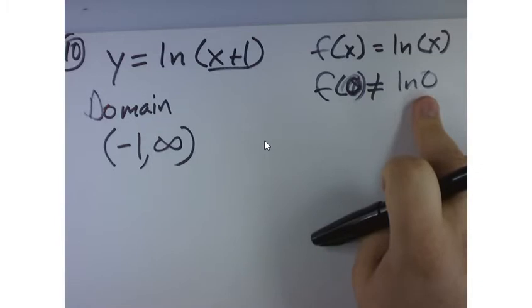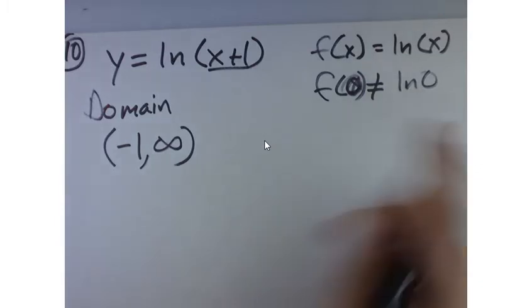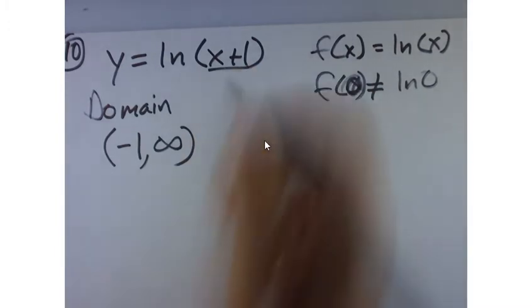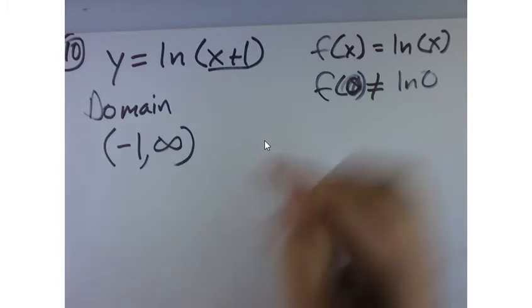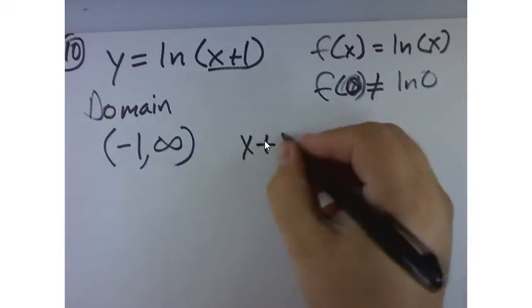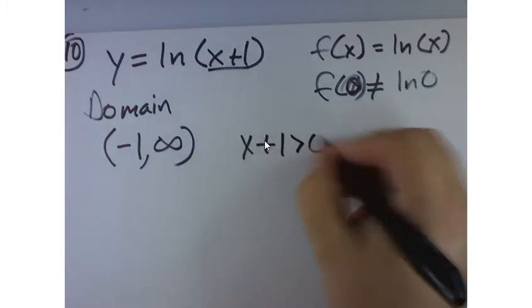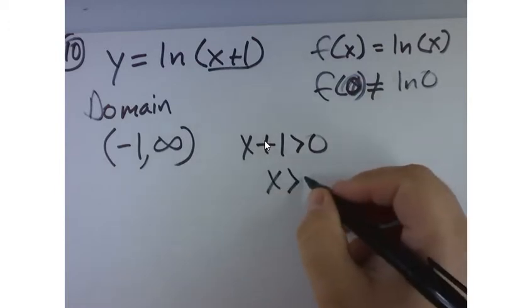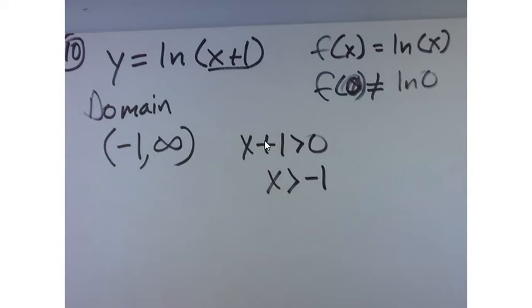We'll talk about that. But for right now, what I have to keep in mind is this stuff inside the parentheses has to be greater than 0. So I would say algebraically x plus 1 has to be greater than 0. And so I'd say x has to be greater than negative 1. And that's where we get the domain.